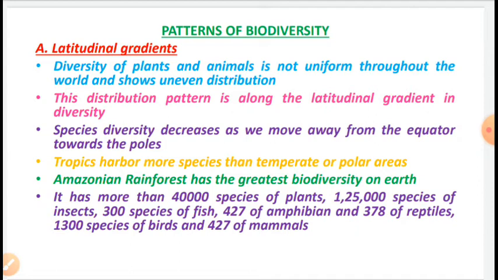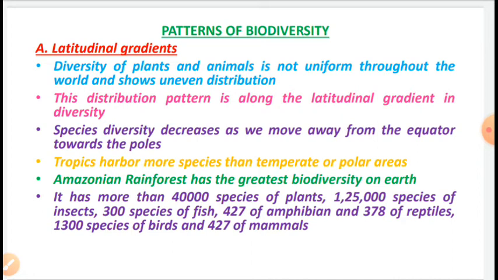It is home to more than 40,000 species of plants, 3,000 of fishes, 1,300 of birds, 427 of mammals, 427 of amphibia, 378 of reptiles, and more than 1,25,000 invertebrates.